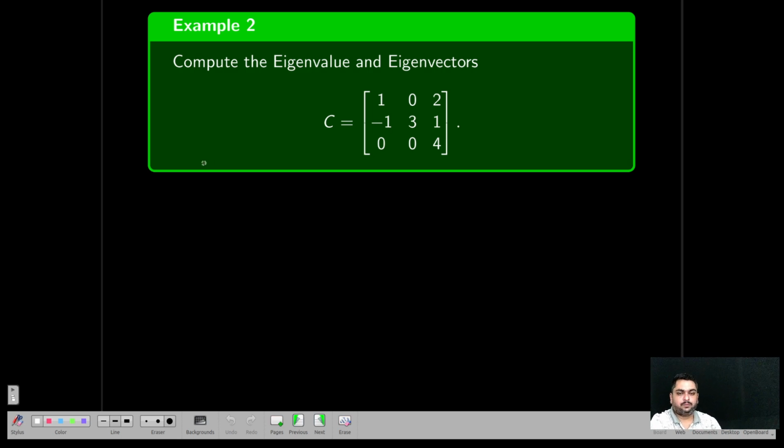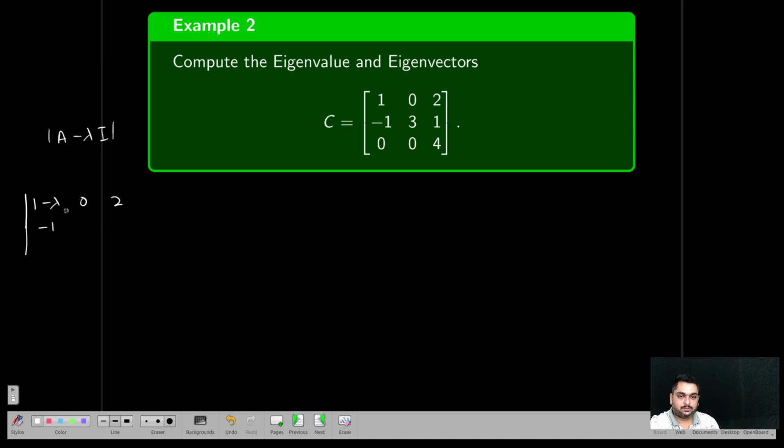Next, one more example, for a 3 cross 3 matrix. So you find the determinant of, I can directly write it, right? 1 minus lambda, 0, 2, minus 1. This is what I am writing, the determinant of A minus lambda I. If I do it, I will get this one only.